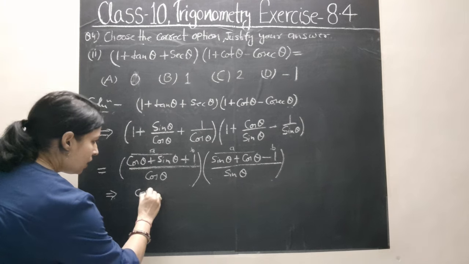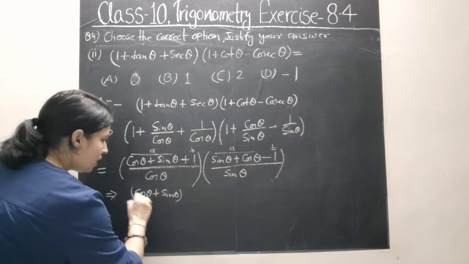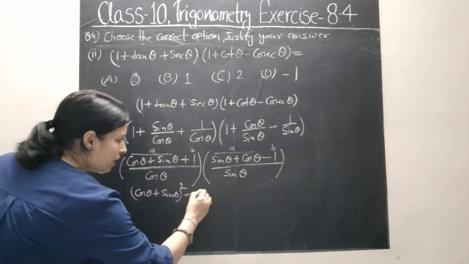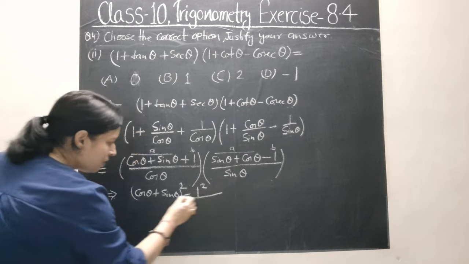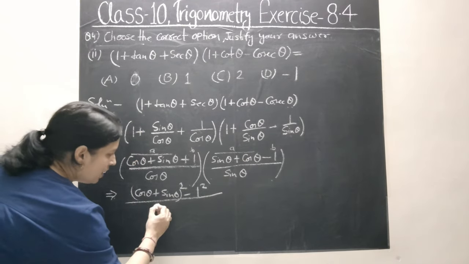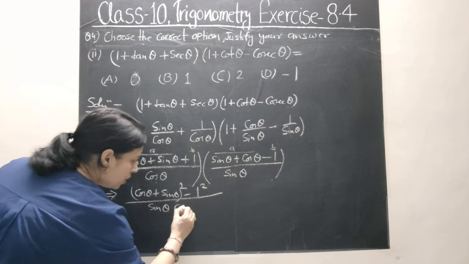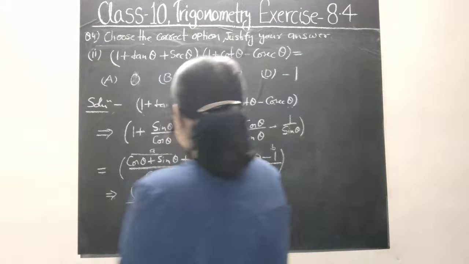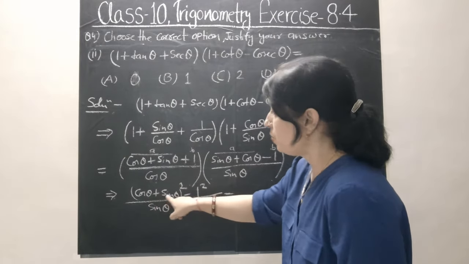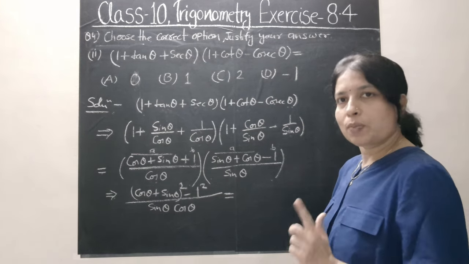So it will come cos theta plus sin theta whole square minus B square is 1 square, square of 1, divided by sin theta into cos theta. So we can write square of A plus B is equal to A square plus B square plus 2AB.